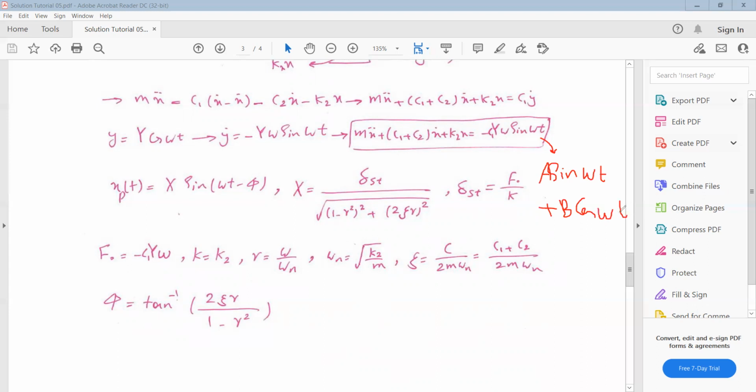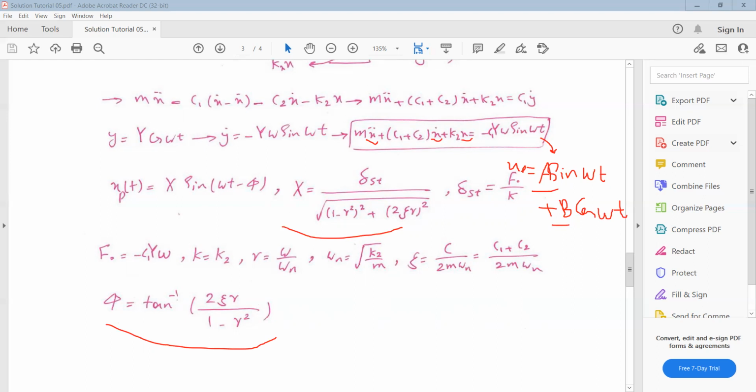And then, if we call it, for example, xp, you can find xp dot and xp double dot and substitute here instead of x dot and x double dot, and solve the equation to obtain a and b, then put these constant coefficients into the particular solution and find the particular solution. Or you can use this equation to find the particular response. Okay, is it clear? Any question?